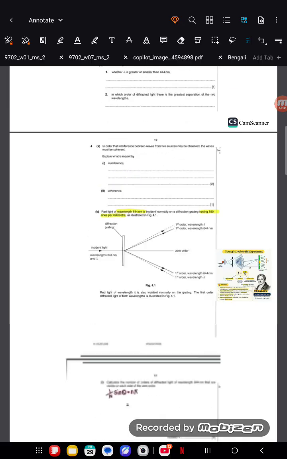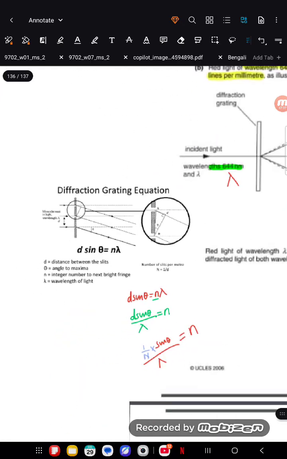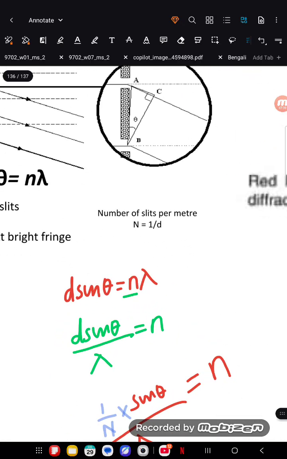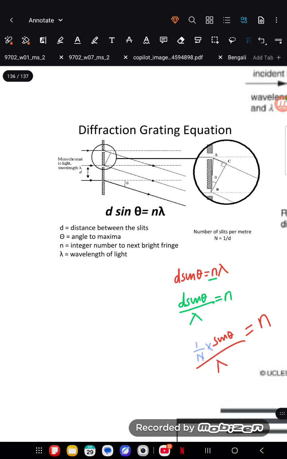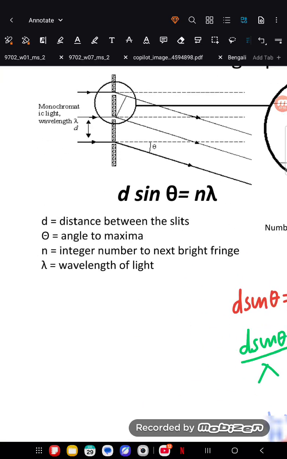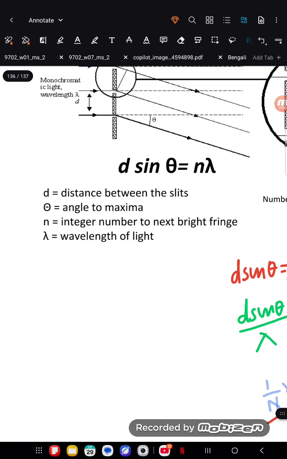And in this formula, you have to know, they will write the number of slits per meter, it means capital N. You have to always remember it means capital N. Number of slits per meter means capital N. And d is the distance, and n is the order. This is the wavelength.